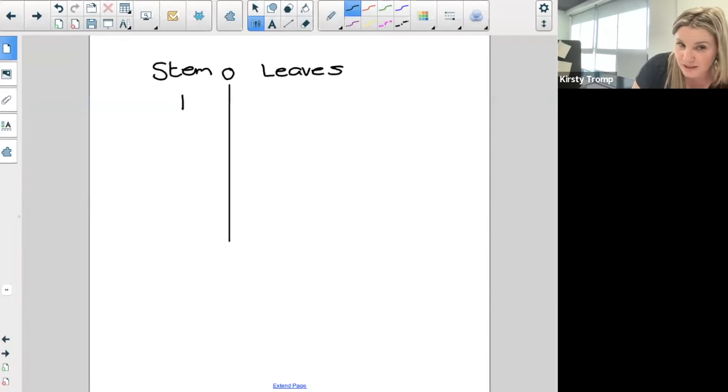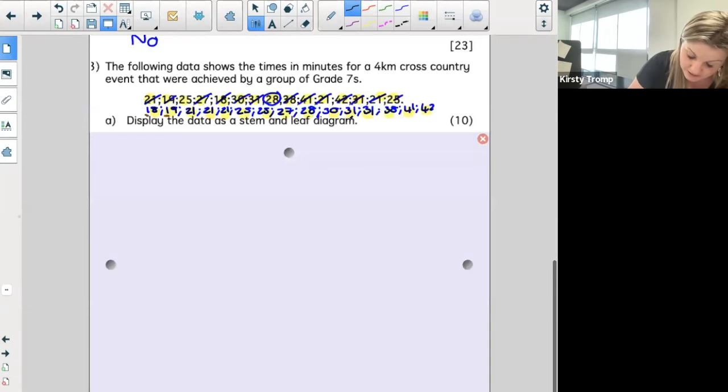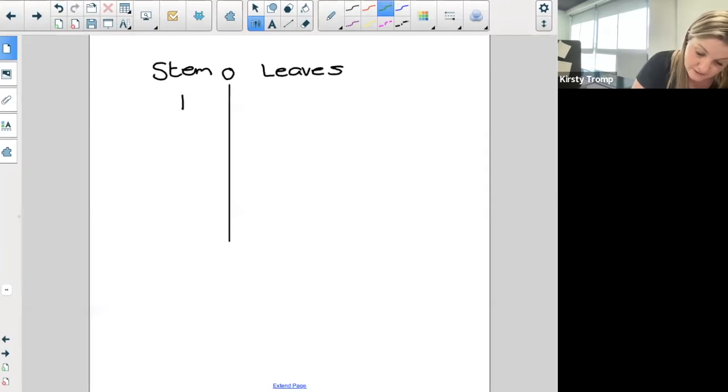So we put our 1 down. Then if I'm looking at my list, that was my stem. My first leaf is an 8, and my second leaf is a 9.